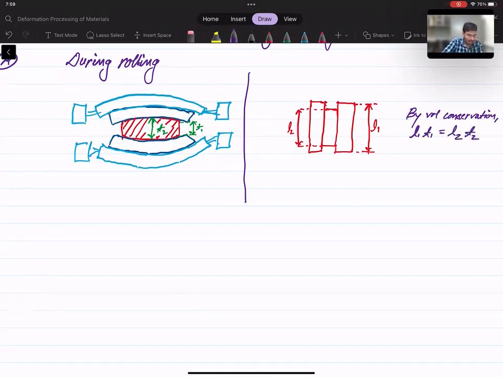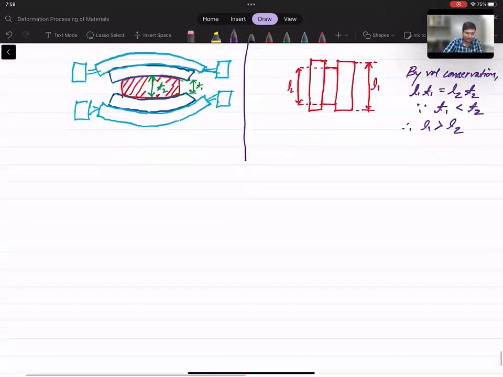Okay, and we have seen that T1 is less than T2. Since T1 is less than T2, if we see the ratios, we will find that L1 will be higher than L2. So the material will get somewhat stretched or elongated towards the edges. It will become longer as compared to the central part.